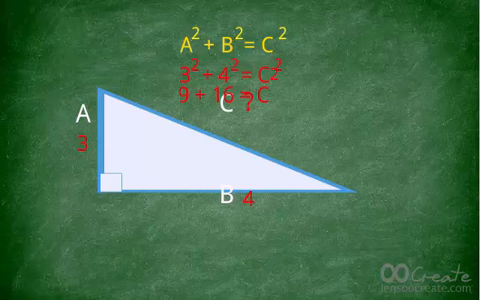And if we add 9 and 16, we get 25 equals c squared. So c must equal 5. And this works pretty much for any triangle as long as it has a right angle.